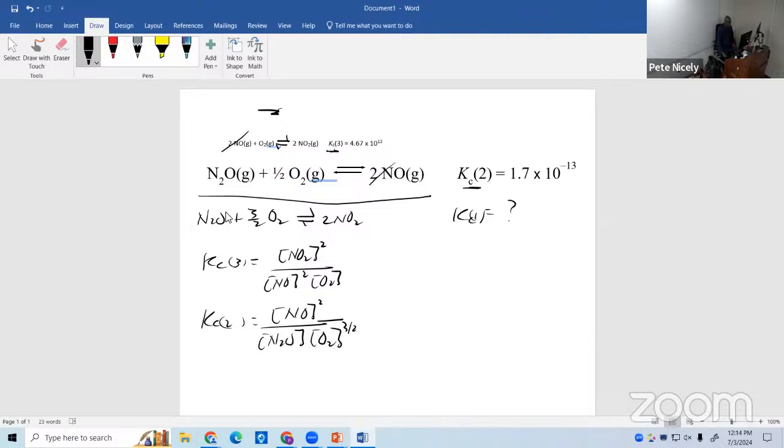So what I'm going to do is multiply KC3 by KC2. I'm saying KC3 times KC2 would be equal to the concentration of NO squared divided by the concentration of N2O times the concentration of O. What am I doing wrong?